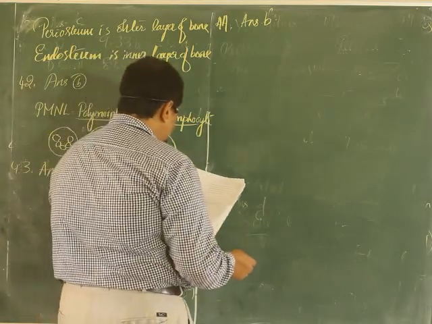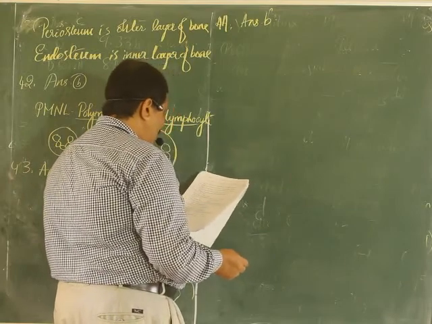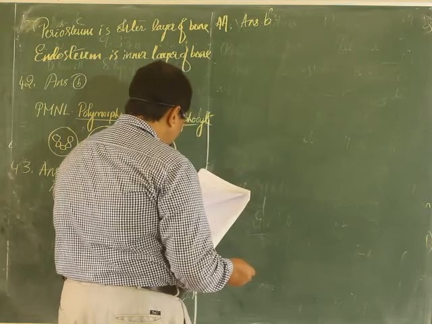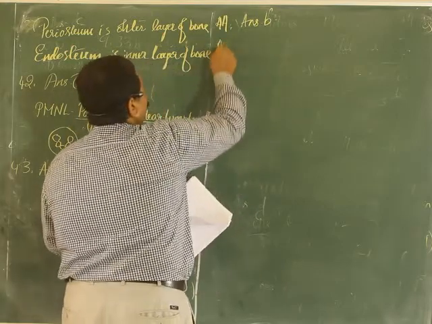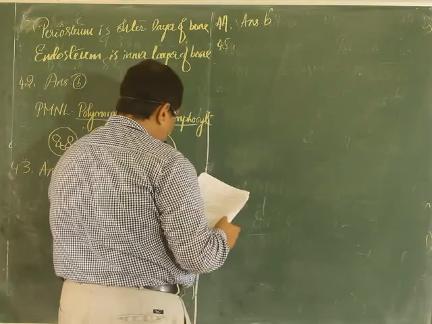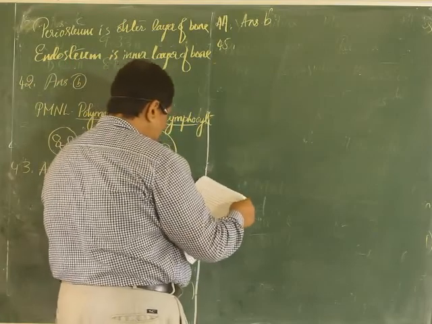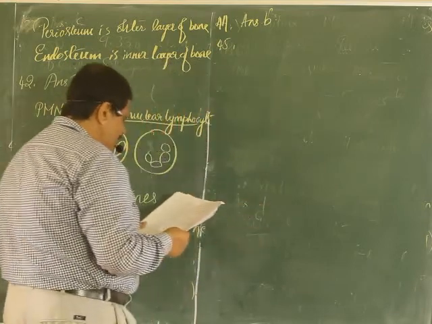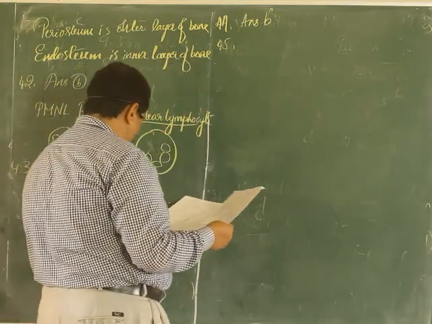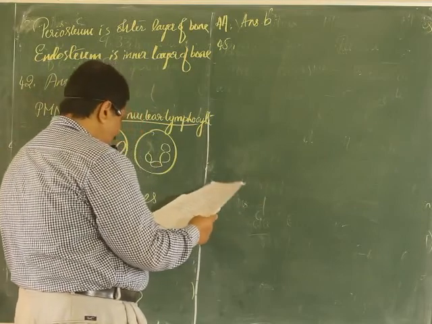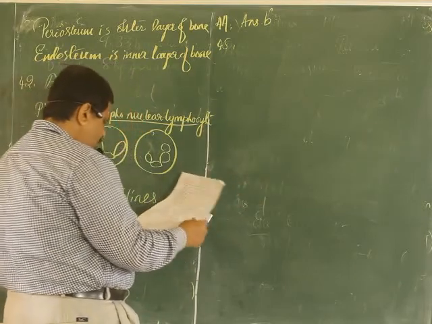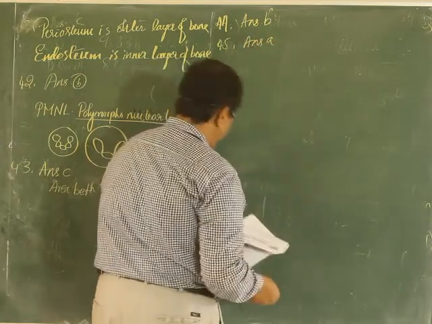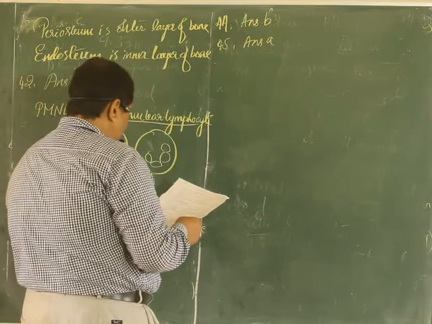If a live earthworm is pricked with a needle on its outer surface without damaging its gut, the fluid that comes out is, option A, coelomic fluid, option B hemocoelom, C slimy mucus, D excretory fluid. So the answer is option A, coelomic fluid.